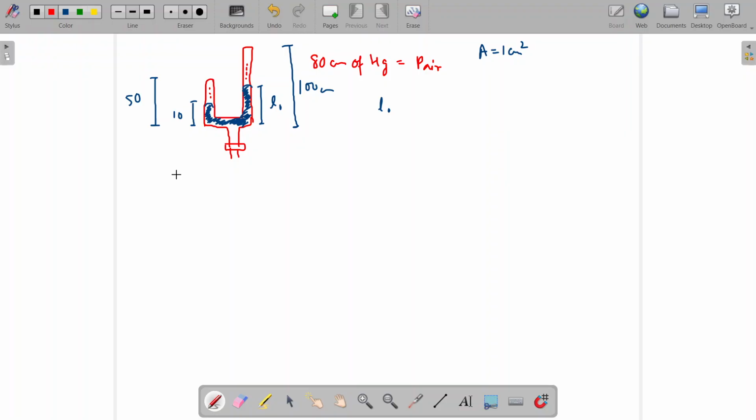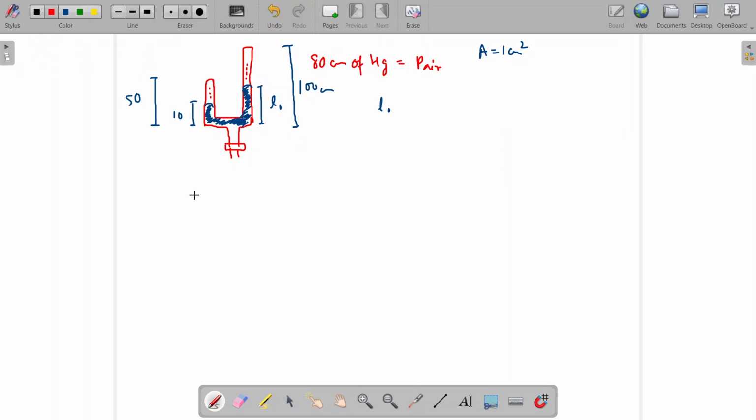When the mercury is introduced, it pushes the air against itself, and it increases its pressure until the pressure of the mercury and pressure of air is balanced. So we say that pressure into volume of the air is constant, that this is an isothermal process.